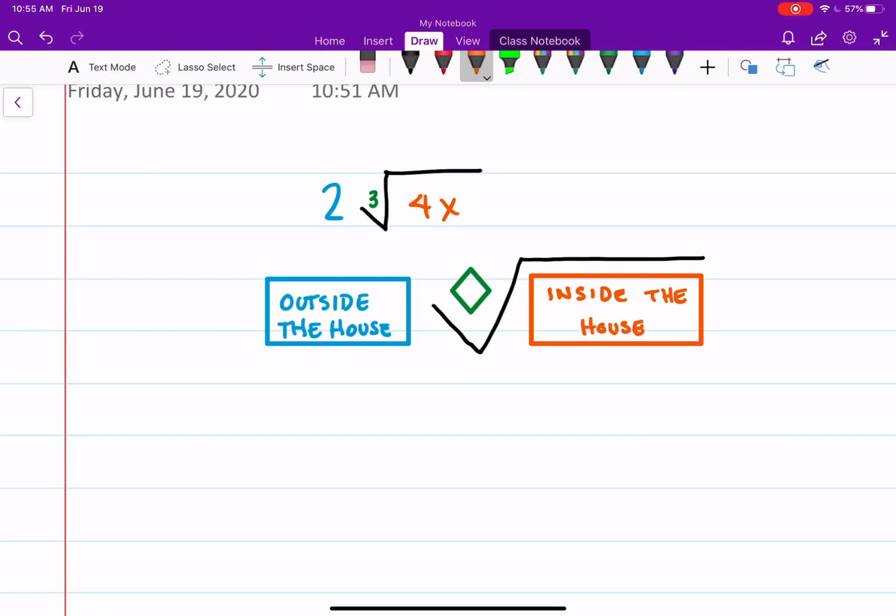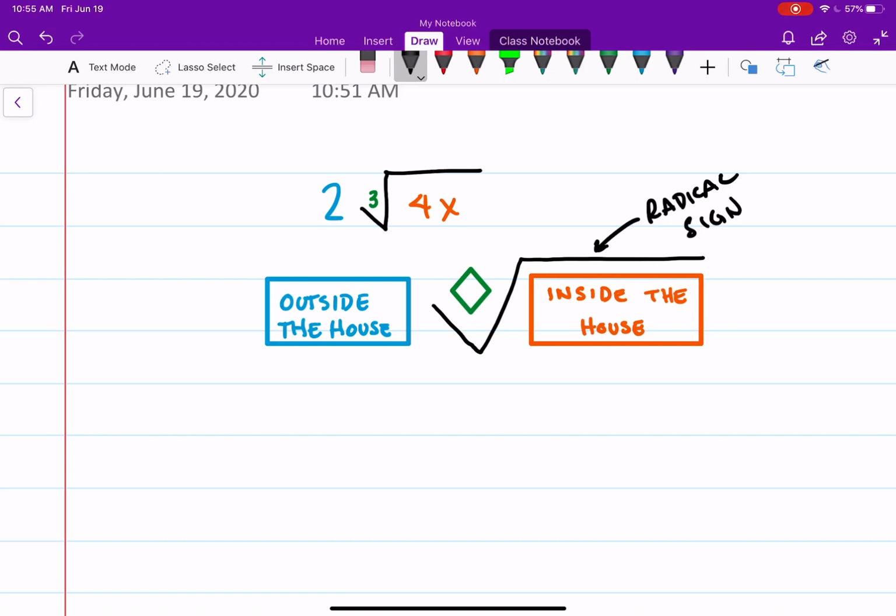Okay, so essentially that radical sign, this is what I call the radical sign. The radical sign is what I call the house. So the orange is inside the house while the blue, the 2, is outside the house.